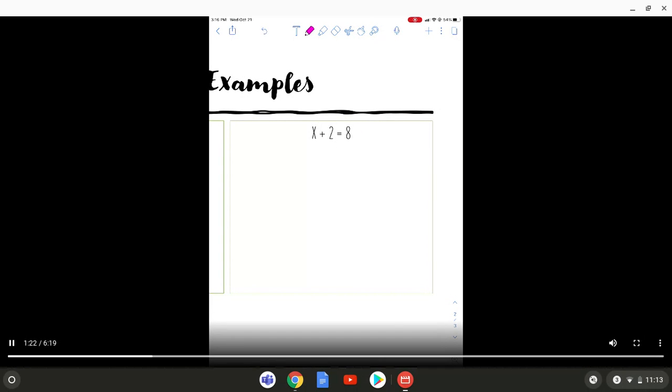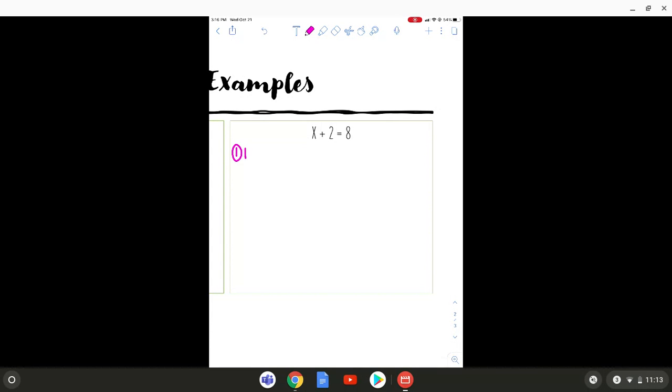Okay, so here I have x plus 2 is equal to 8. So step 1, we're always going to check to see if we have multiplication or division. So I've got x plus 2 equals 8. So I don't have multiplication or division. So I'm going to check for addition or subtraction. So as you can see, I do have addition in this problem.